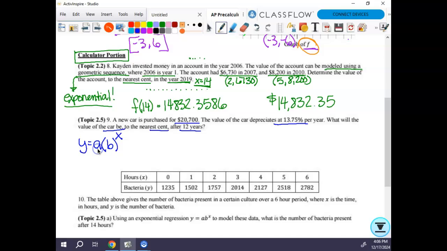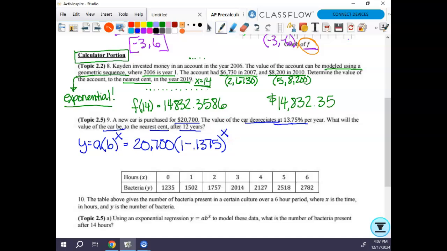So your a is your initial value. That is your 20,700. Your b is your ratio. This is depreciating. So I would subtract that from 100%, basically. So this is 1 minus 0.1375 to the x power.